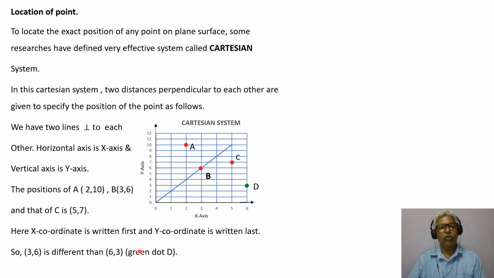Now again go through this comment. So I'm again reading that comment. Here the x coordinate is written first and the y coordinate is written last.